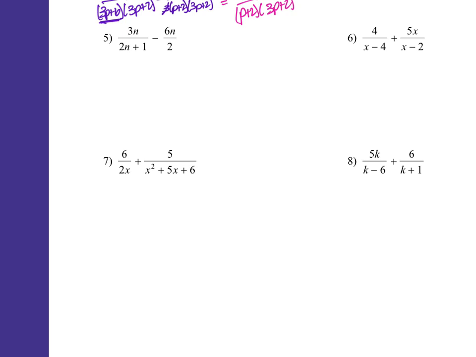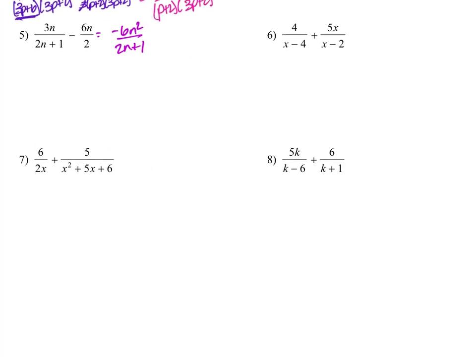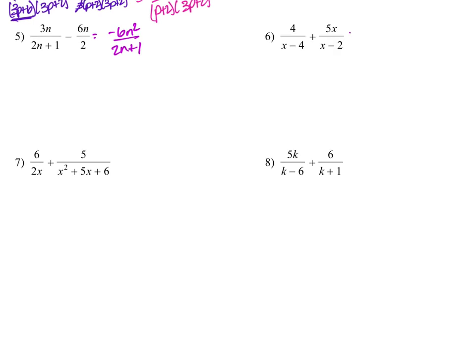Number 5 is negative 6n squared over 2n plus 1. Number 6 should be 5x squared minus 16x minus 8, all divided by x plus 4 times x minus 2.